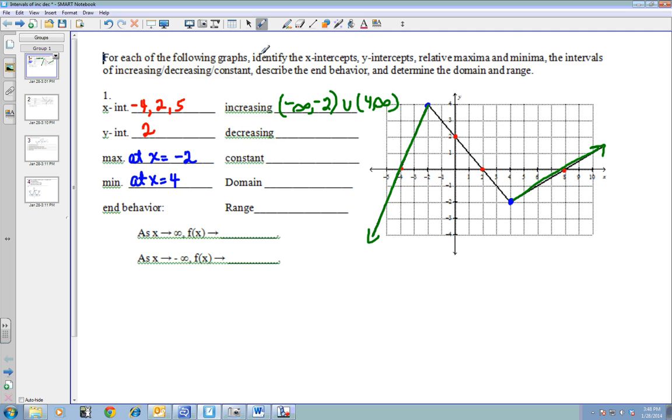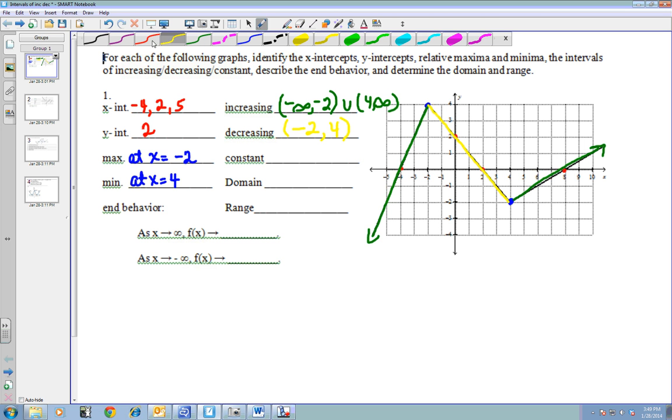Okay, so now let's do where it's decreasing. So it's going to be decreasing from here to here. Well, my x value at that point is -2. It's not showing up very well. That's okay. And it goes until x equals 4. That's where my graph is decreasing.